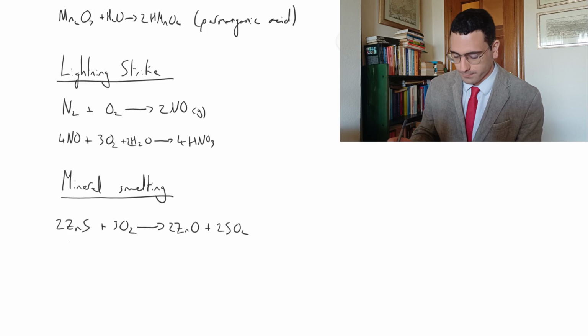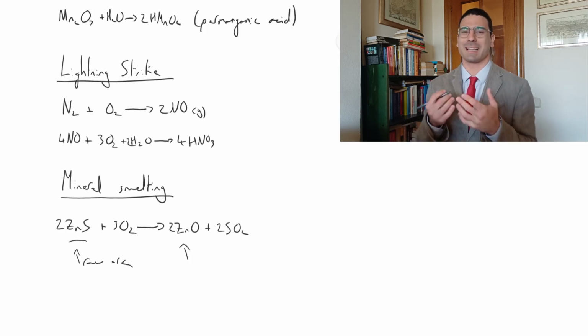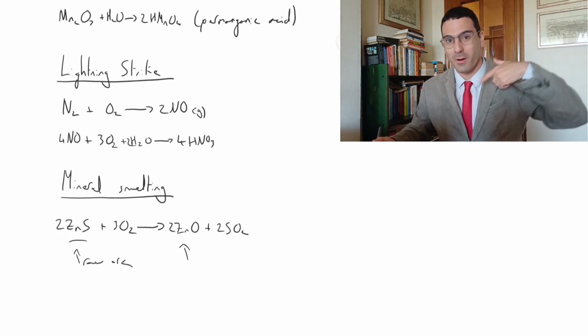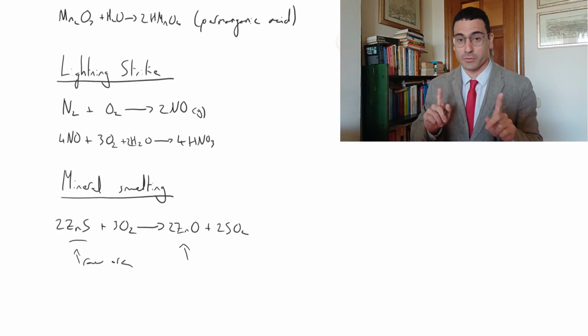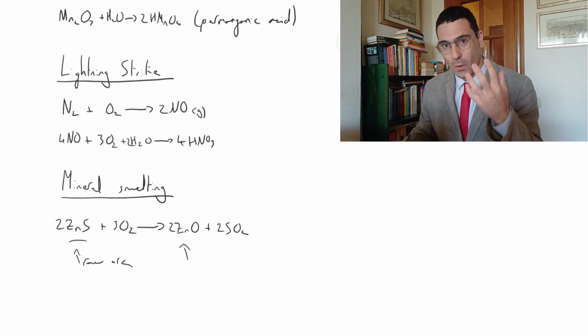So zinc sulfide here, this is the raw ore, and the zinc oxide, of course, that's not what you're looking for. You're looking for metallic zinc. So there's another step after this one, which is extracting the metallic zinc from the zinc oxide, which I'm not drawing here because it's not relevant to the question. We're talking about acidic oxides.